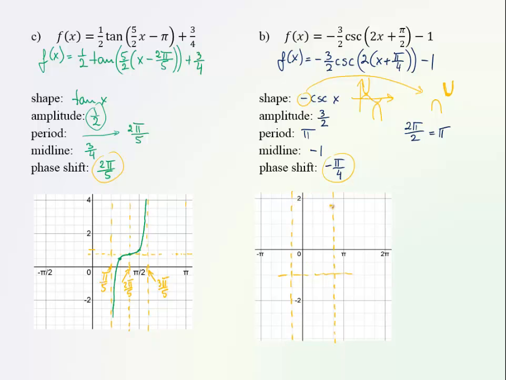Now, halfway between the endpoints of the period is another asymptote for cosecant, like here. And the 2 branches will be positioned somehow like this. One in the bottom, here, the other in the top. But we need to also accommodate for the amplitude. The amplitude is 3/2, which means that from the midline we go 3/2.